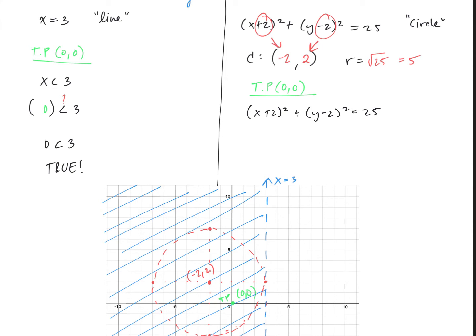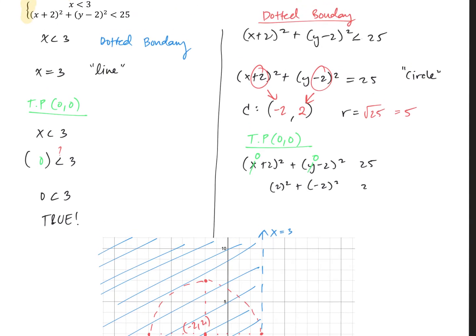I'm just showing you that it doesn't actually matter which point you choose, just the logic after you put that point in. So that's going to be 2 squared plus negative 2 squared. Is that... Ooh, I used an equal sign. Sorry about that. I should be using my symbol, which is less than 25, I believe. Yep. Using the symbol from my original equation.